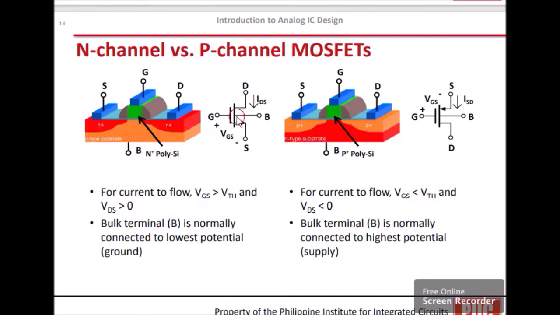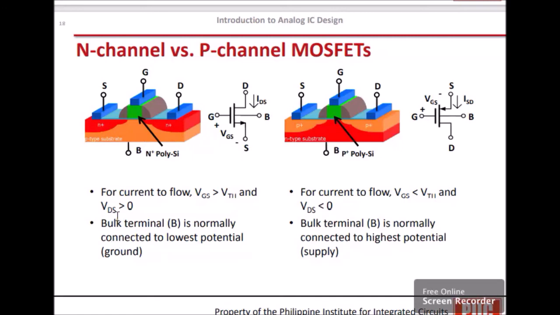Okay, but this one, yung difference ng ating symbol is itong isa for N-channel, andito yung arrow. Di ba? Parang napasok na sa ating transistor. For PMOS, andito yung arrow. Pasok na pasok. Ganun.